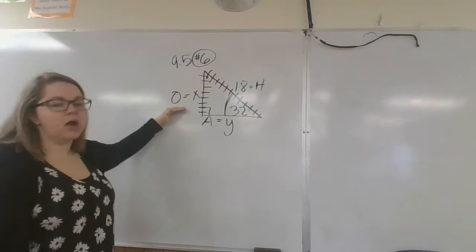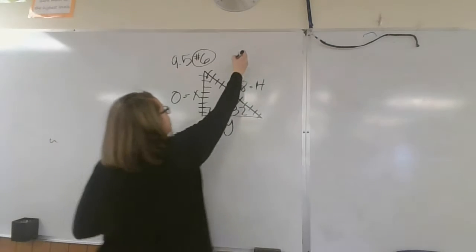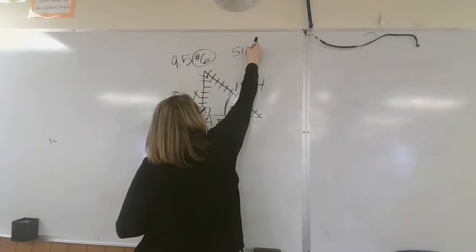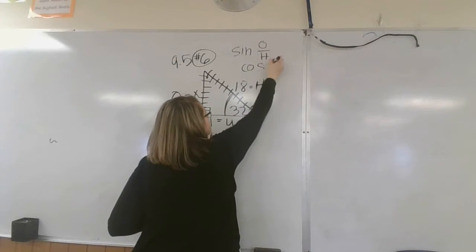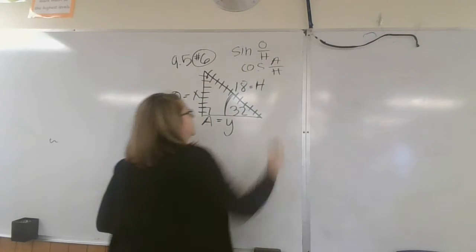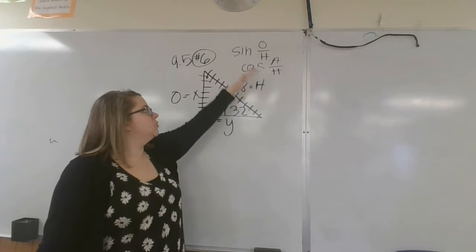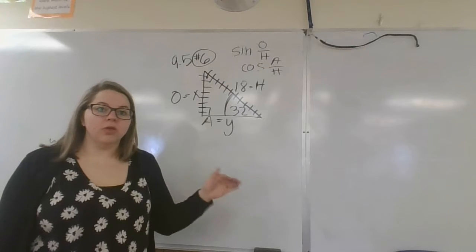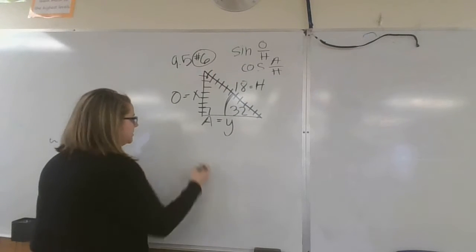So I'm going to use my opposite side and my hypotenuse side. Well, let's look at sine and cosine. Sine is opposite over hypotenuse, and cosine is adjacent over hypotenuse. So to solve for x, I'm going to choose between these two. Well, the only one with opposite and hypotenuse is sine here, so I'm going to use sine.